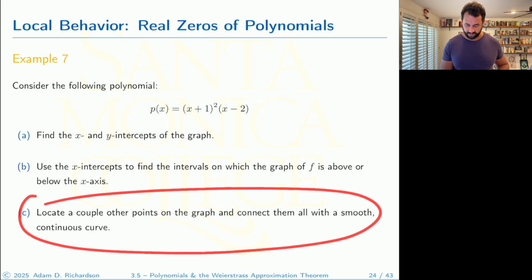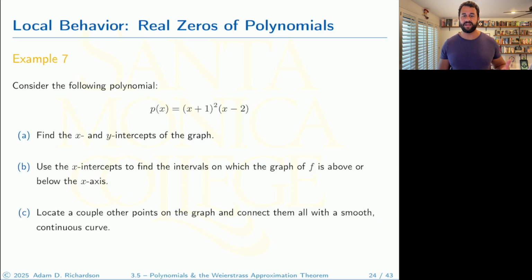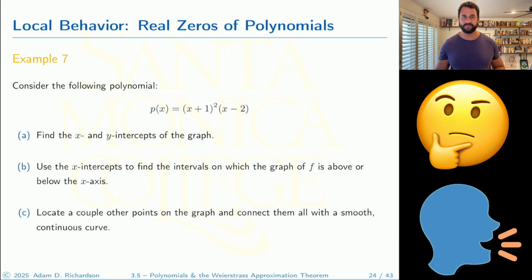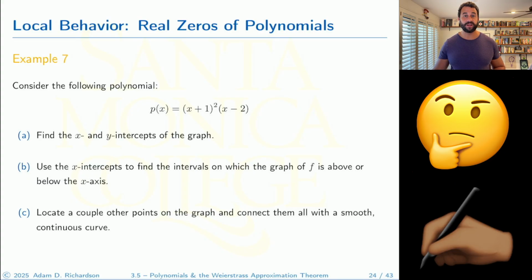Then just locate a couple of other points on the graph and connect them to draw the polynomial. So ponder this for a minute. Now say something out loud and work it out on your own, and we'll do it together in a moment.